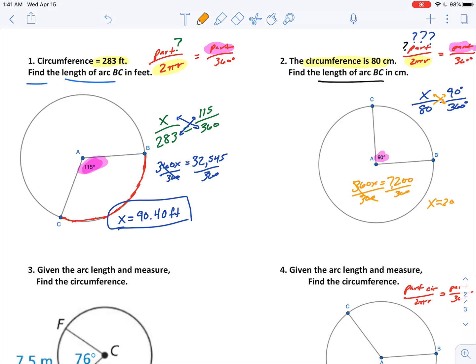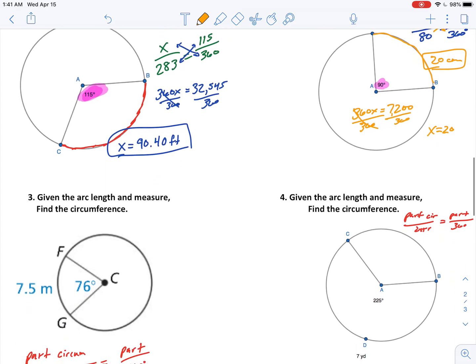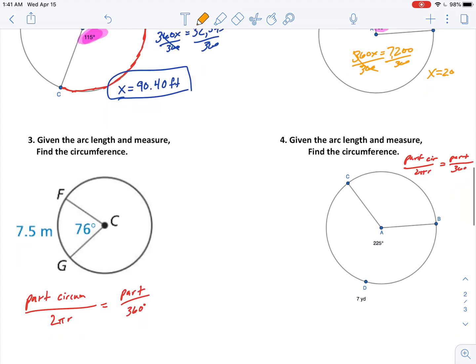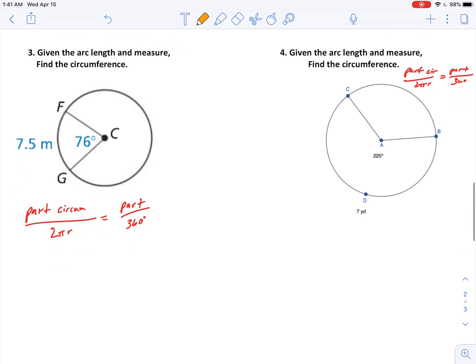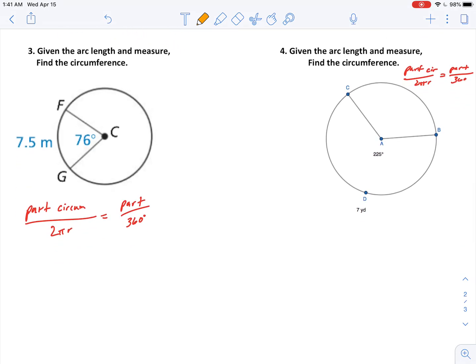Yeah, 7,200. And then to get x by itself, I'll divide by 360 to get x is 20. So this arc here is 20 centimeters.